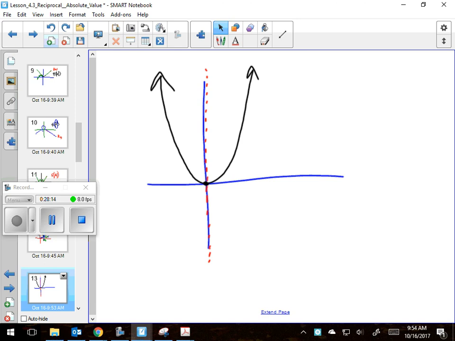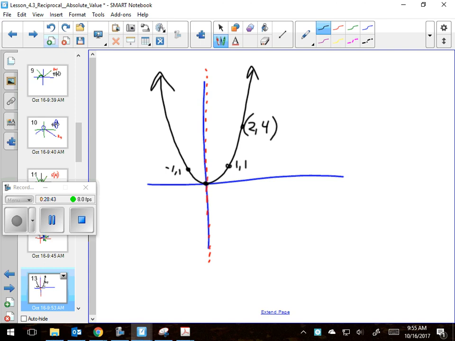Can you handle it? If you can't handle it, honestly, at least put a few points on here and do what I said before. That's the point 1 comma 1. We know that would be on x squared, right? And 2 comma 4, that'd be on x squared. And negative 1, 1, that'd be on x squared.